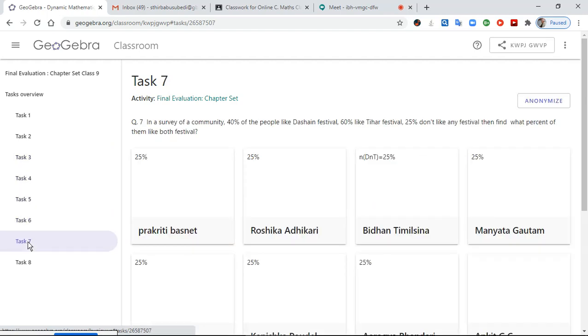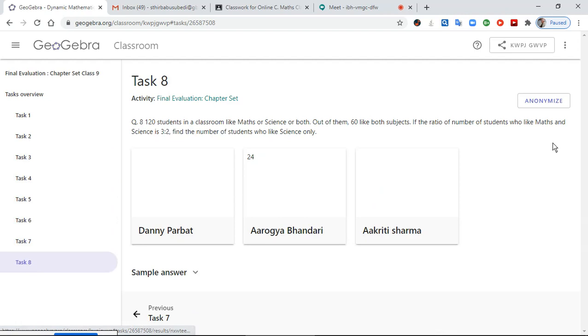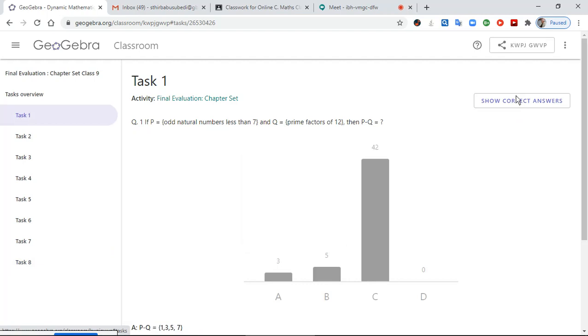I can see the names here. Task 2, task 3, task 4, task 5, task 6, task 7, task 8.